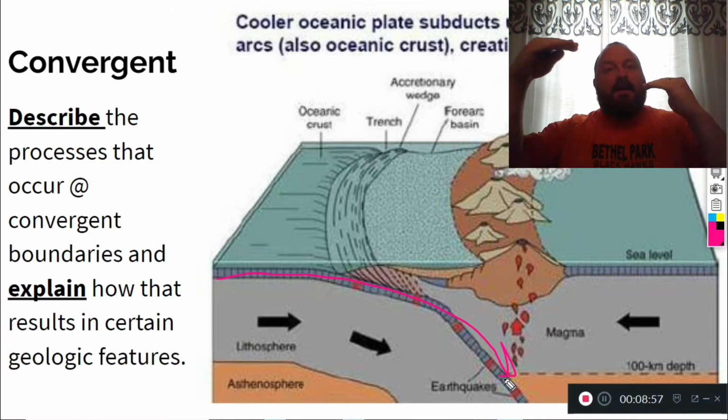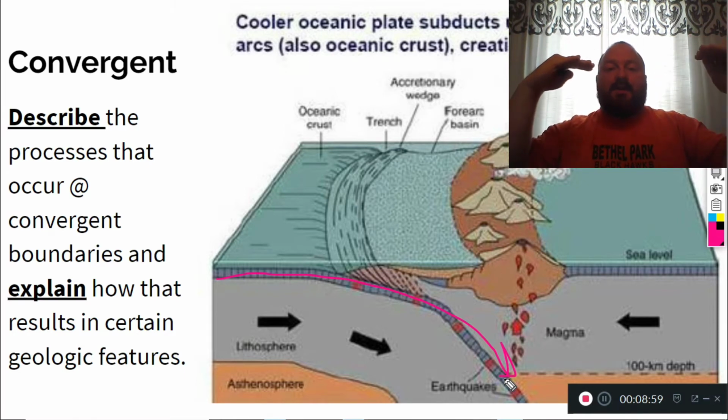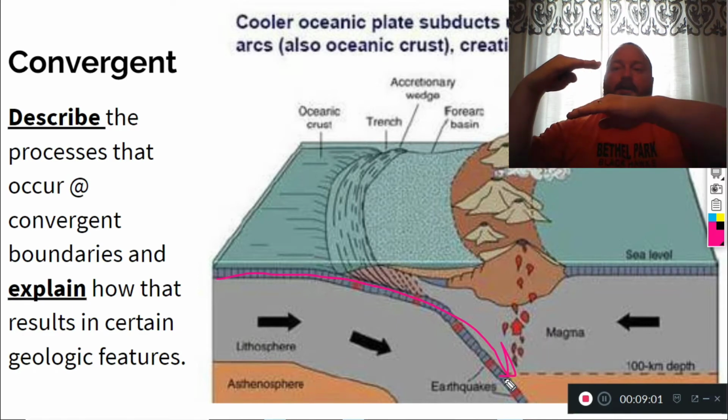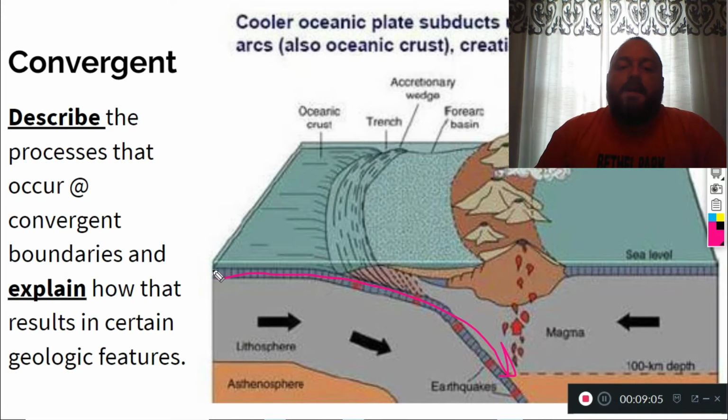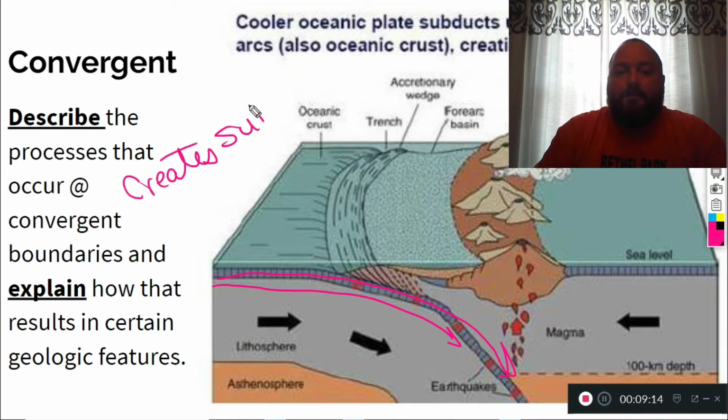Think about a head-on collision, Prius and a pickup truck. Pickup truck's much more dense. So it's going to slide under the Prius, and the Prius is going to get flung up in the air. So when we see this happening, the convergent boundary creates a subduction zone. So we're going to describe creates subduction.